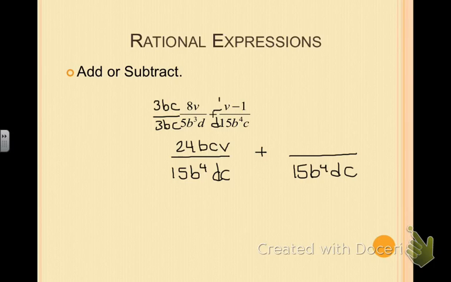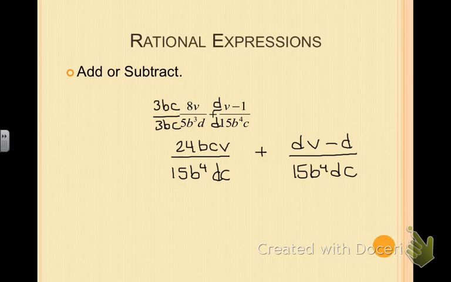So we also need to multiply the numerator by d. Remember to distribute the d to the entire binomial v minus 1, and we get dv minus d.